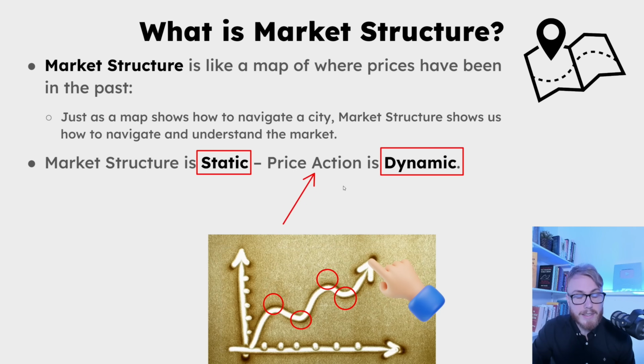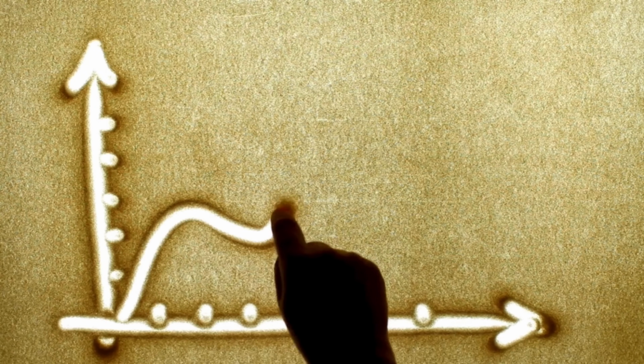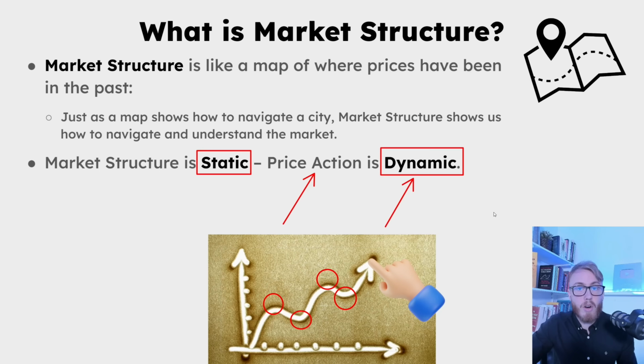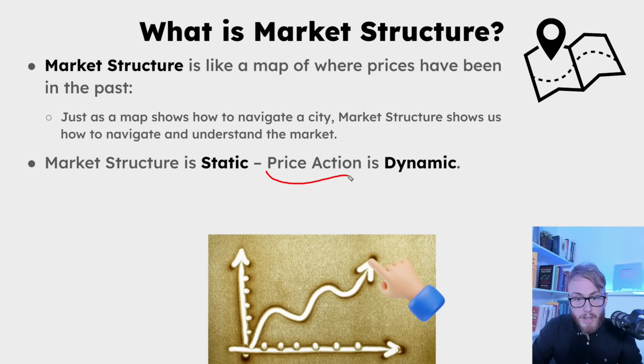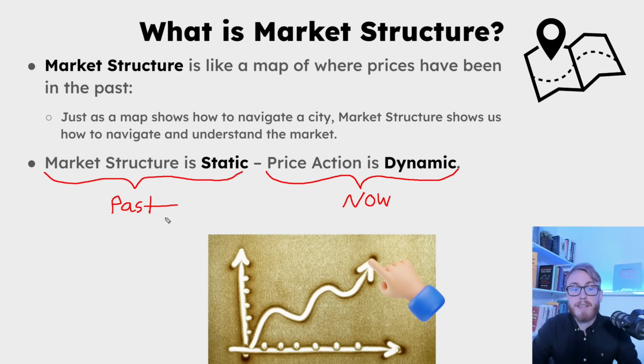But what about price action, and why is price action dynamic? Well, think about price action as how you are moving your hand. Are you moving your hand fast or slow, in a calm manner or aggressive manner, and so on. So in very simple terms, we can think about price action as how the price is moving right now, while market structure is how the price has moved in the past.